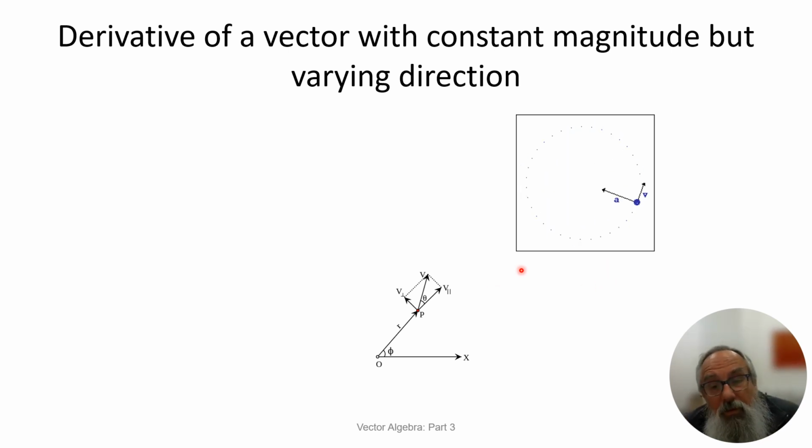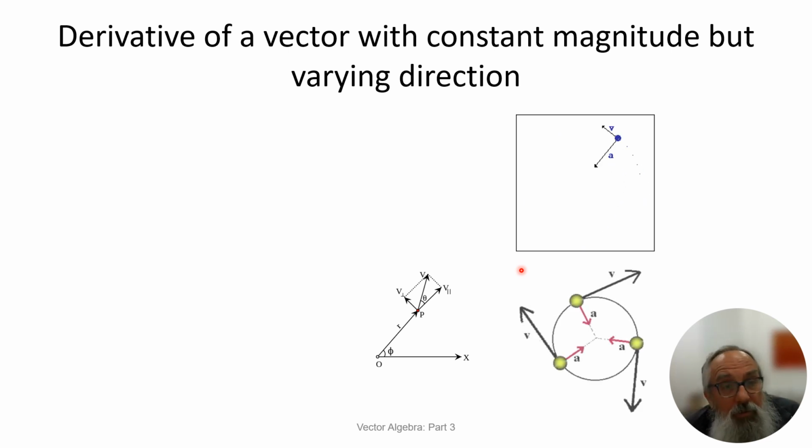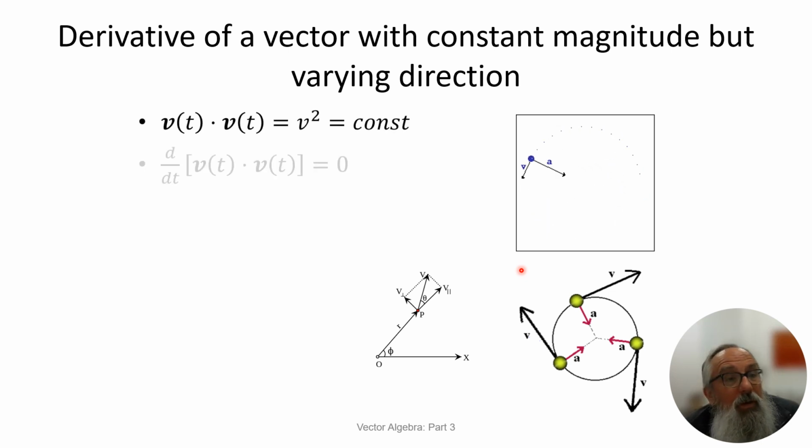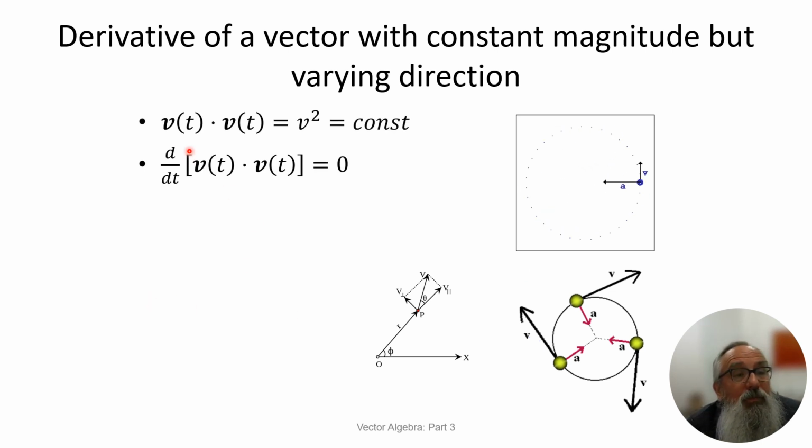We know that we can get right angles from vectors by looking at the dot product, where cos 90 is 0 and cos 0 is 1. Okay, so we have velocity squared equals a constant.